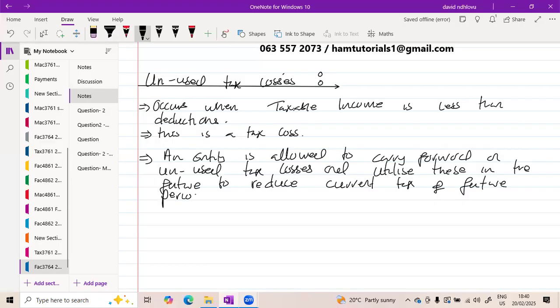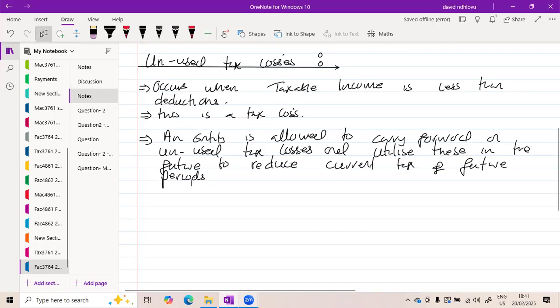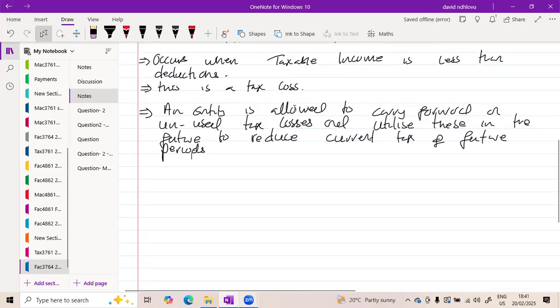Normally, when you have a taxable income or a tax profit, you must pay current tax over to SARS. If an entity makes a tax loss, equally we would have expected that SARS would pay the difference over to the company. However, SARS policies do not allow that they pay an entity for any negative taxable income, which is the tax loss.